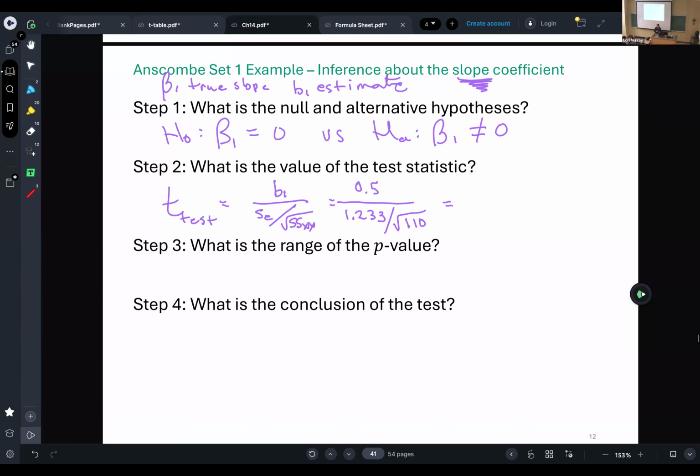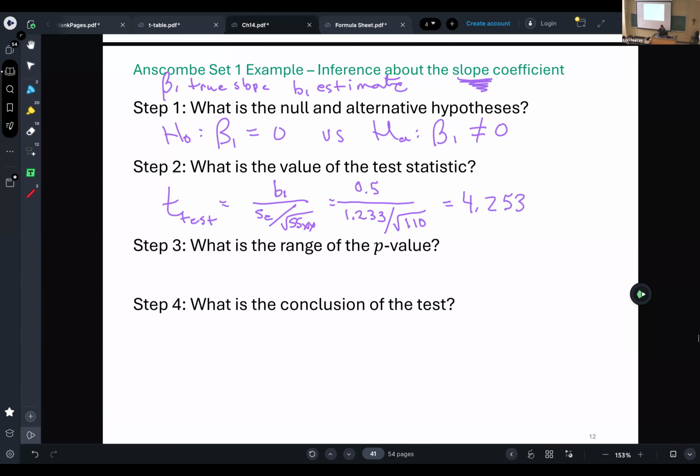Go for it. 4.253. Excellent. That's what I get too, 4.253. Thank you. You guys concur. Good. Agree, good, excellent, okay.